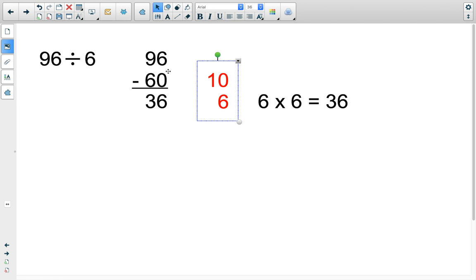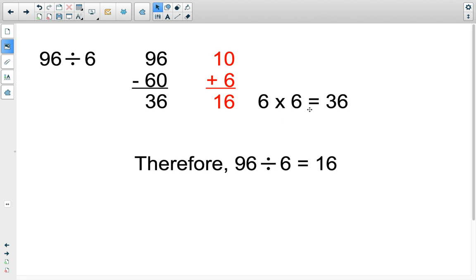I put my 10 from the 60, and I put my 6 here from 6 times 6, which is 36. I bring my 36 over here, and I'm going to subtract this to show that I have nothing left. And 36 from 36 is 0.